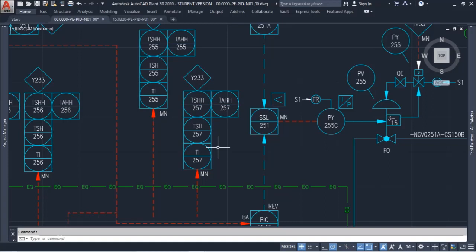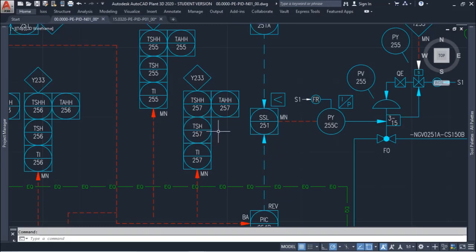So in this case we have the TI, the temperature indication, and we will also have a set point for a TSH, that is, temperature switch high.